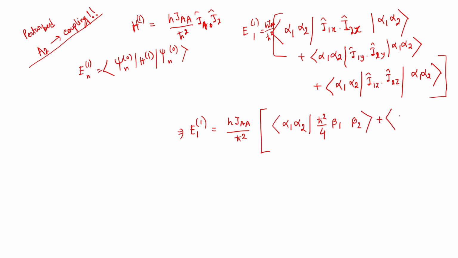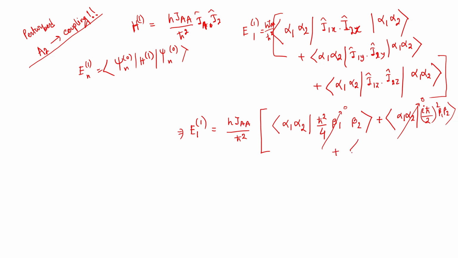Then we'll get alpha 1 alpha 2, we'll get i h cross by 2 whole square beta 1 beta 2. See, so this is going to give me 0, right? Alpha 1 beta 1 alpha 2 beta 2.